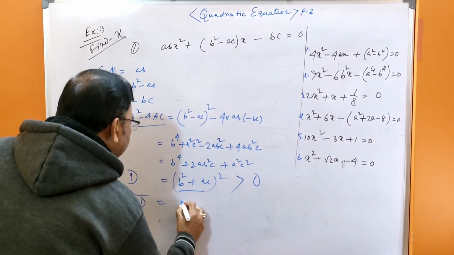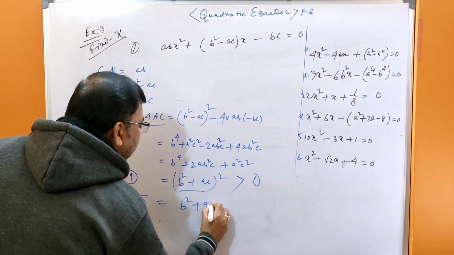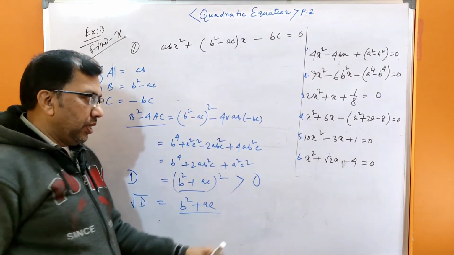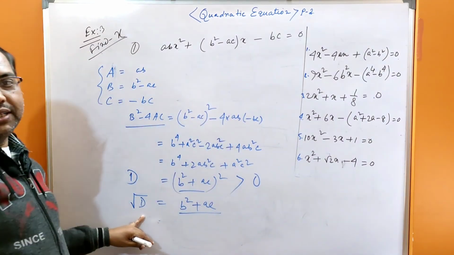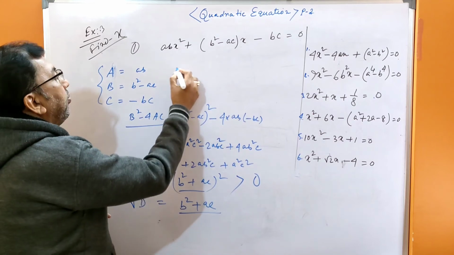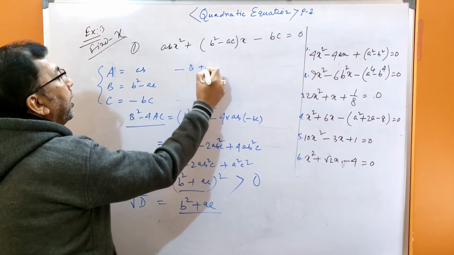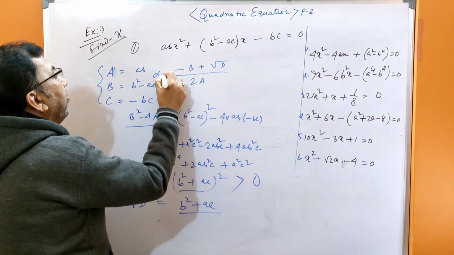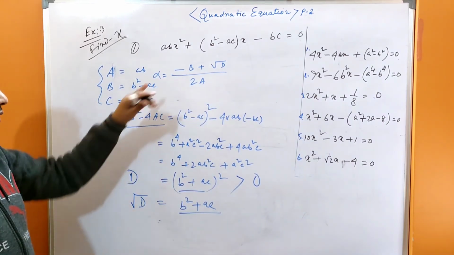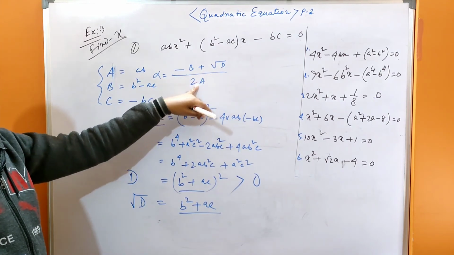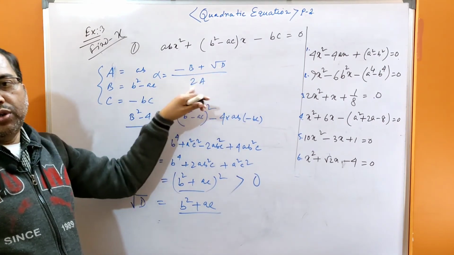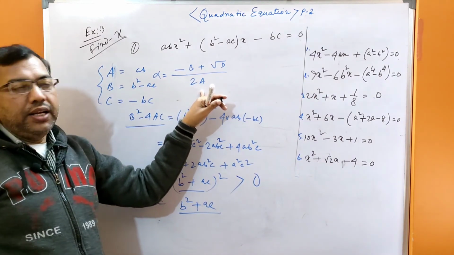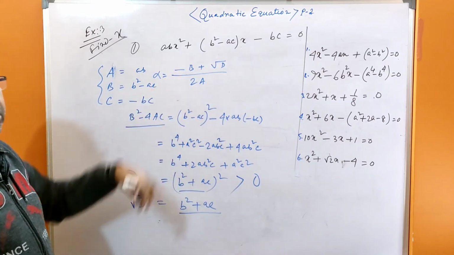B स्क्वायर प्लस AC आएगा. क्लियर? रूट D का वैल्यू. रूट D के बाद बस यहाँ पर पुट करो, आंसर आ जाएगा. x के रूट आएगा माइनस B प्लस रूट D बाई 2A, माइनस B माइनस रूट D बाई 2A. बस आंसर आएगा. ये आएगा माइनस B बाई A, ये आएगा C बाई A. पुट द वैल्यू एंड डू इट.